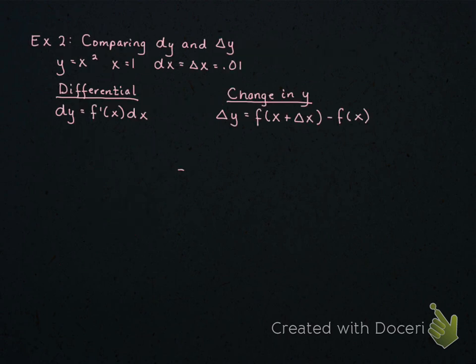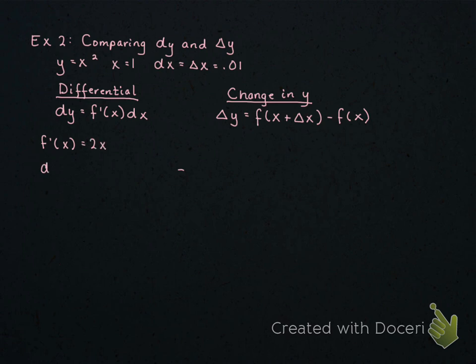Now, example 2, we are comparing differential dy and delta y, which is the change in y. So our differential equation, dy is equal to f prime x times dx. Well, if we have f prime x, that means that we need the derivative of y. So f prime x is equal to 2x.